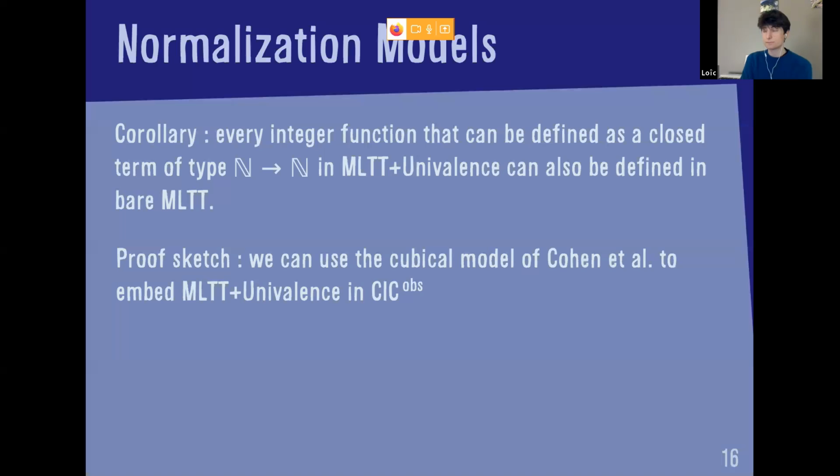So actually, the original formulation of observational type theory of McBride et al. uses a heterogeneous equality. And we really had some back and forth hesitation between a heterogeneous version and the homogeneous version. But really, in terms of properties, this is the same theory.